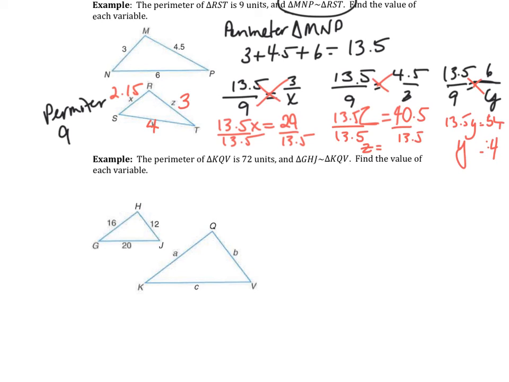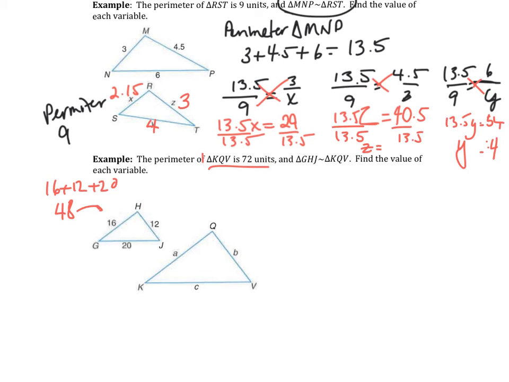Alright, so we've got our 3 missing sides of our triangles. Again, same process here. We're going to first find the perimeter of our smaller triangle. So that's 16 plus 12 plus 20, is 48. That's my perimeter of this triangle right here.